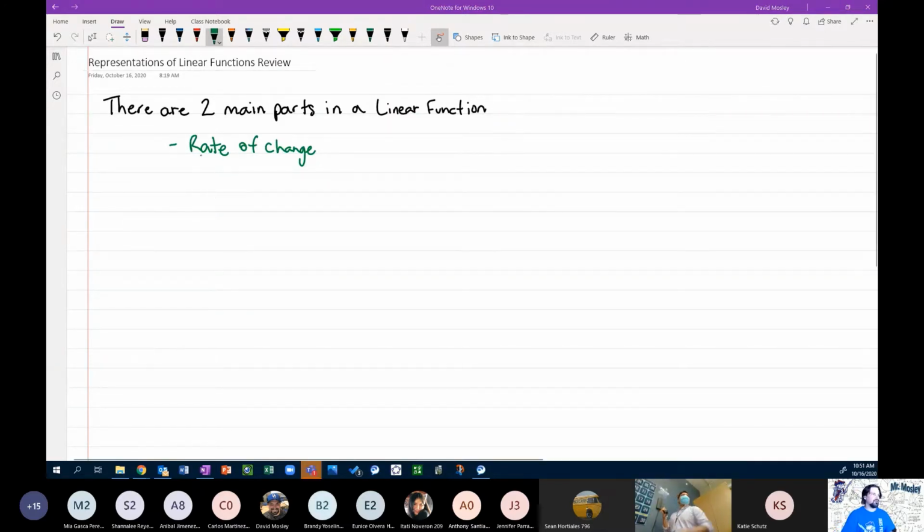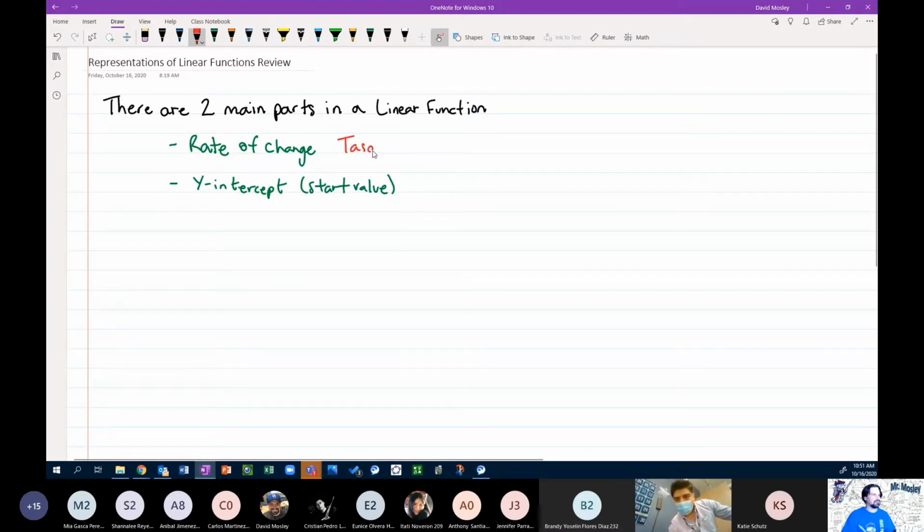All right, so we have our rate of change, and we have the y-intercept, which we've also called the start value. Again, the rate of change is the tasa de cambio.